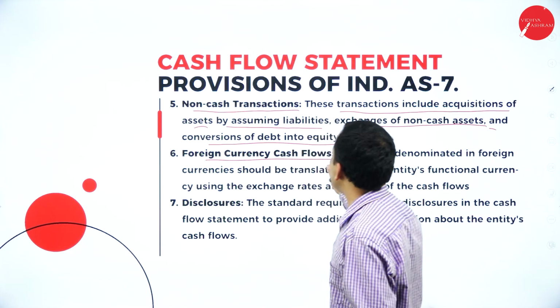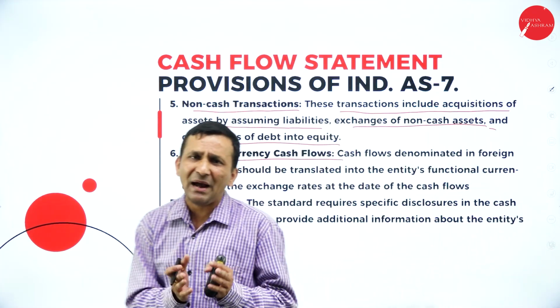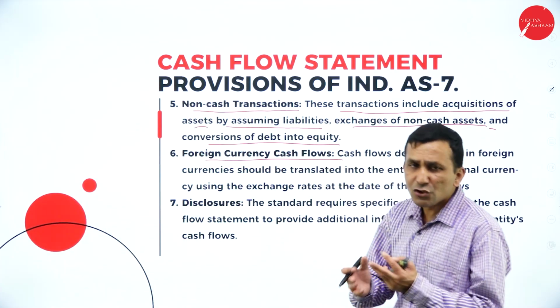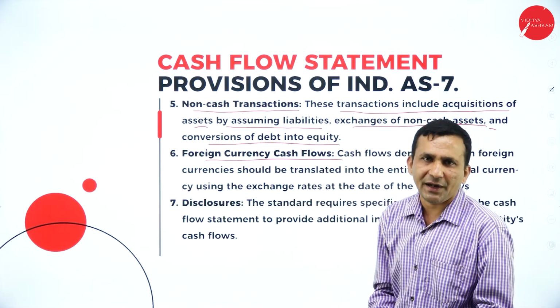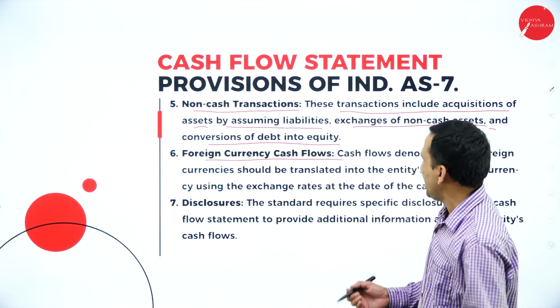Now foreign currency cash flow, because a company in India may try to invest in any other foreign country. So that is also possible. When you are investing in another country, no doubt you are receiving returns from the foreign country investment.